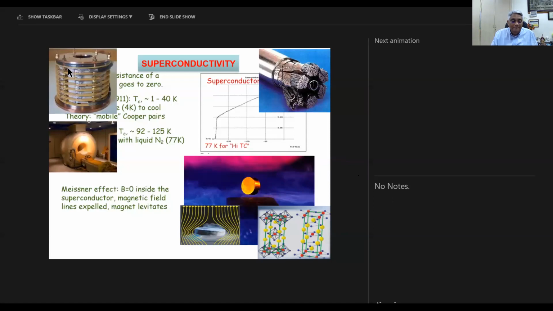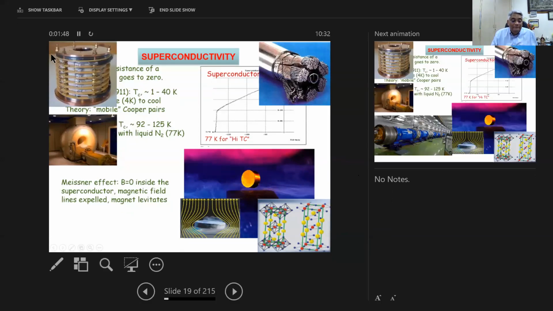But here, if you look at the size of this, lengthwise it'll be about 12 inches and 6 to 7 inches across, and the diameter of the bore there is about 1.5 inches. That's all.